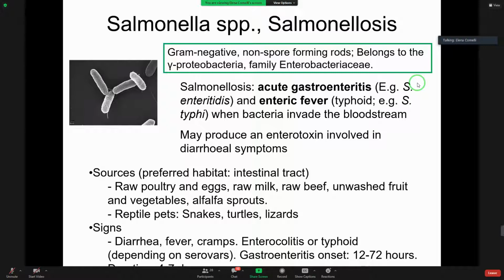It has also been found that reptile pets like snakes, turtles, and lizards can be sources of contamination. The signs are diarrhea, fever, and cramps, and the acute gastroenteritis form has a quick onset, about 12 to 72 hours, and lasts for a week.